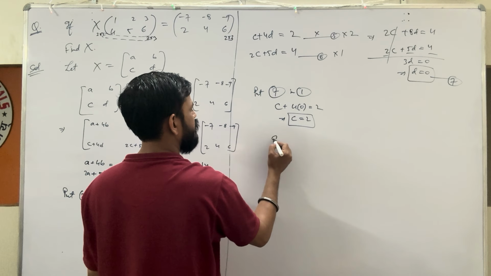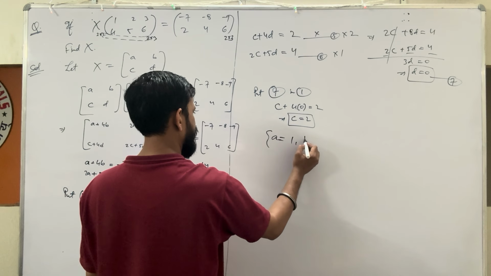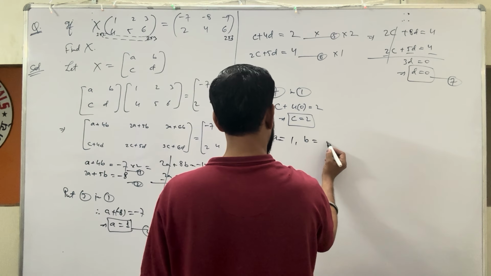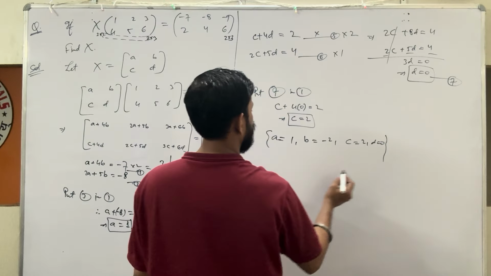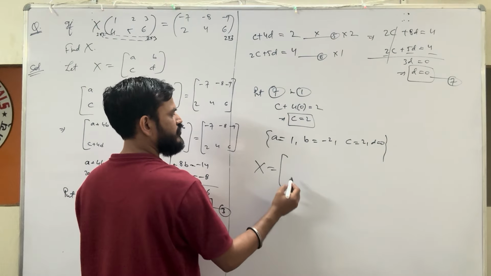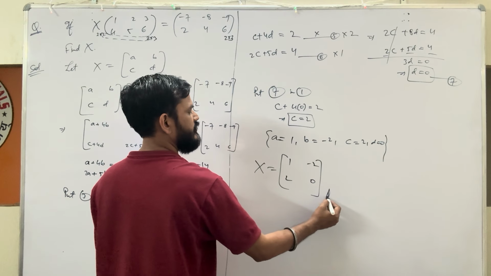So the values are A equal to 1, B is equal to minus 2, C is equal to 2, D is equal to 0. So the matrix X turns out to be [1, -2; 2, 0]. So this is the required matrix.